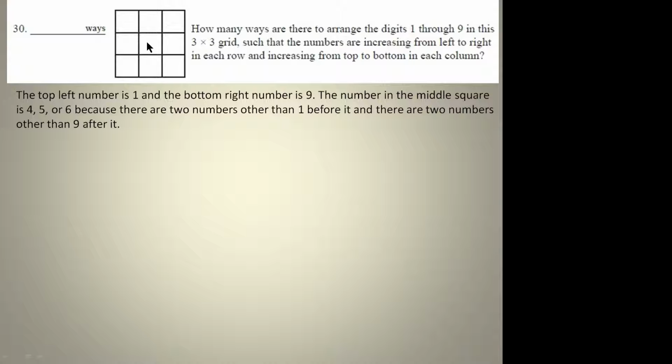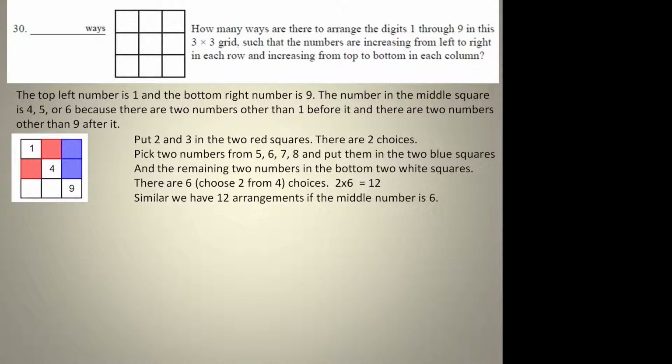So we'll use those cases here. Let's see if the middle is 4. Then the 2 right squares, the red ones, are either 2 or 3. If here is 2, then it's 3 here. If it's 3 here, then it's 2 here. So you have 2 ways to fill the red ones. Then you have 4 left: 4, 5, 6, 7.